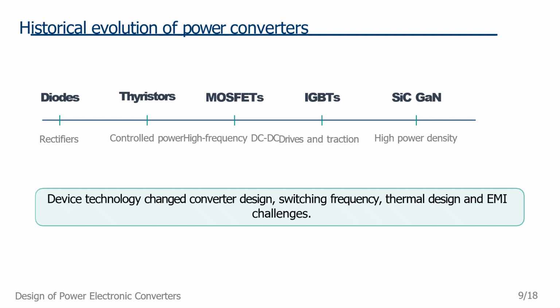Power converter topology has evolved significantly. Initially we were using power diodes, then thyristors were introduced. This enabled controlled power conversion, because power diodes are an uncontrolled device, but thyristors are a controlled device.